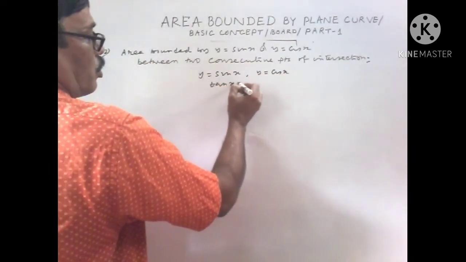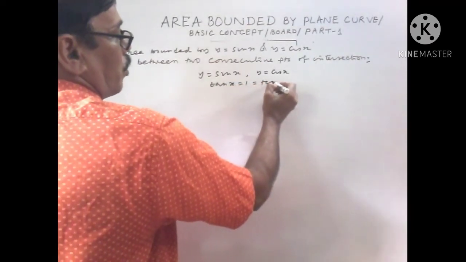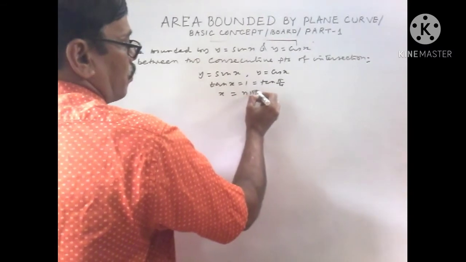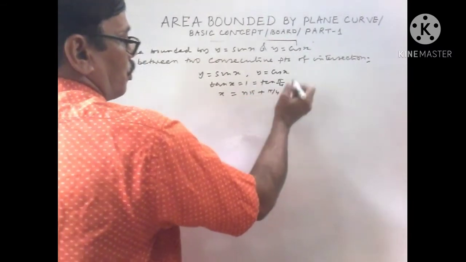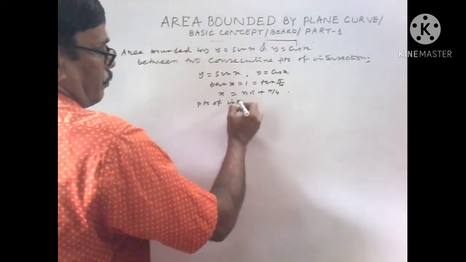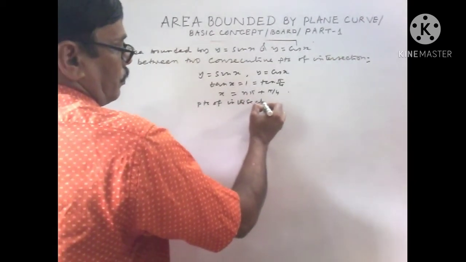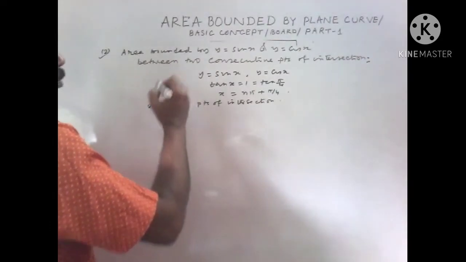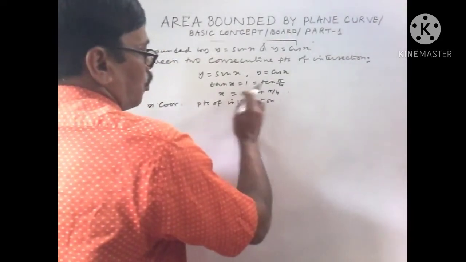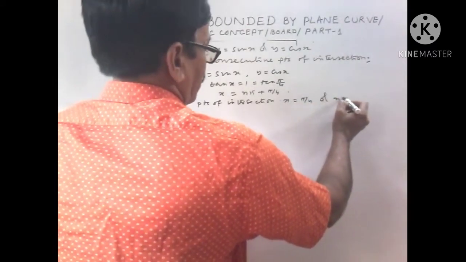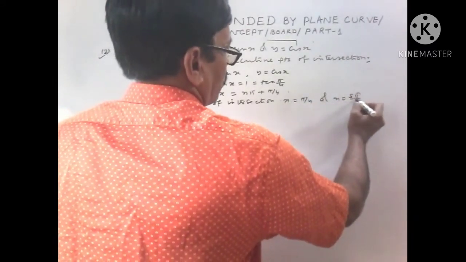So tan x equals 1, tan pi by 4. So x equals n pi plus pi by 4. So the x coordinates of the points of intersection, for 0, x equals pi by 4.